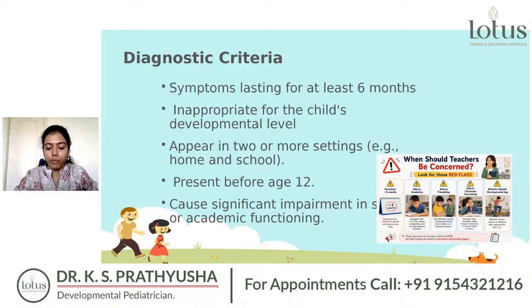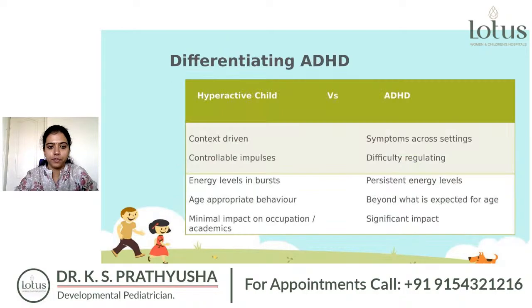The symptoms should appear in two or more settings, for example, home, school, playground, or any other public place. The symptoms should be present before the age of 12, and very importantly, the symptoms should cause significant impairment in daily activities, social functioning, peer relationships, and academic functioning. Only then will a child be suspected to have ADHD.